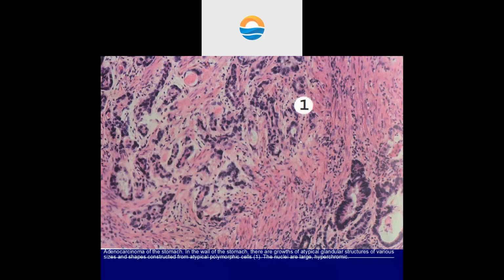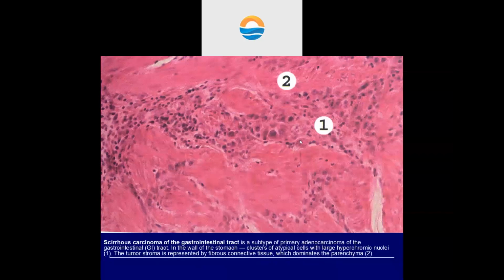The nuclei are large and hyperchromatic. Serous carcinoma of the gastrointestinal tract. Again, look at the invasive growth of atypical cells with big hyperchromatic nuclei.